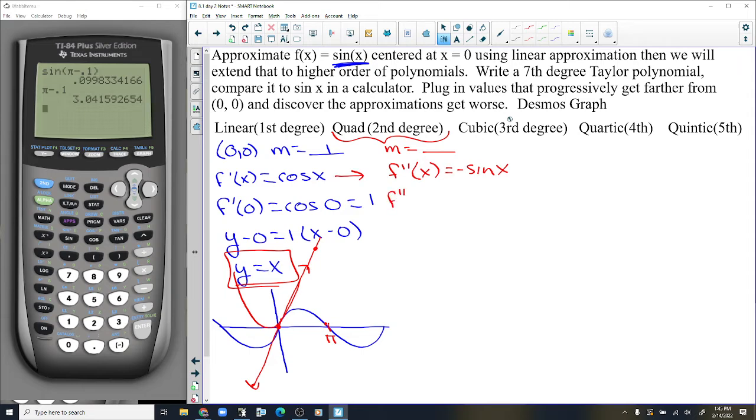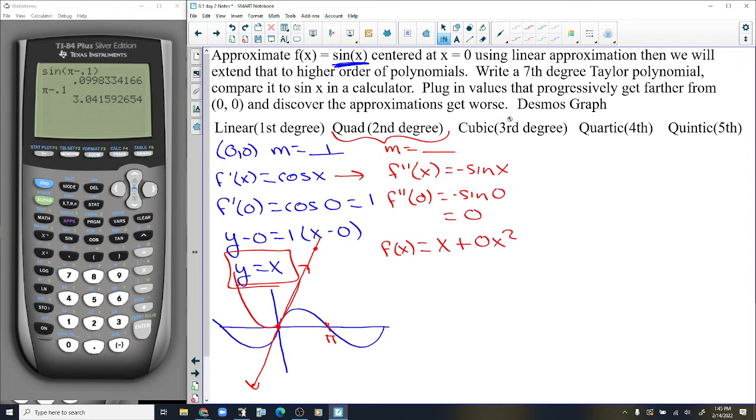So the second derivative at 0 is negative sine of 0. It's 0. Oh, okay, so let's try that. Let's try to write it anyway, even though the second derivative is 0. F of x would be, let's take this, x, and we're going to add on 0x squared.